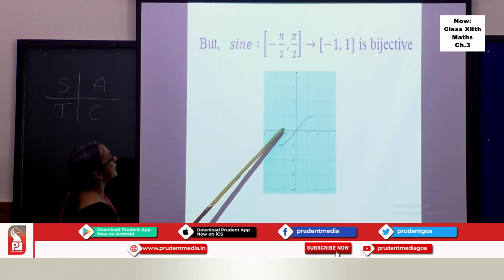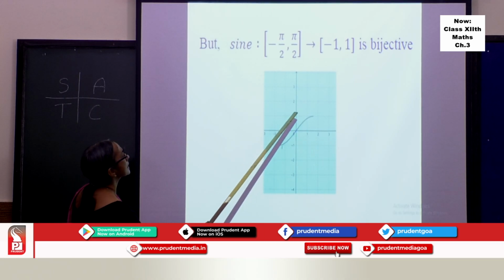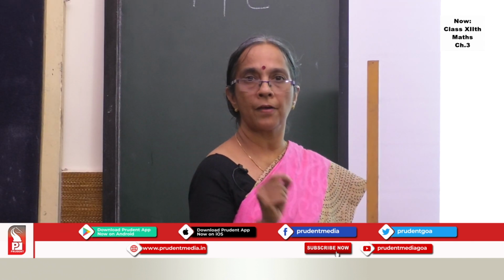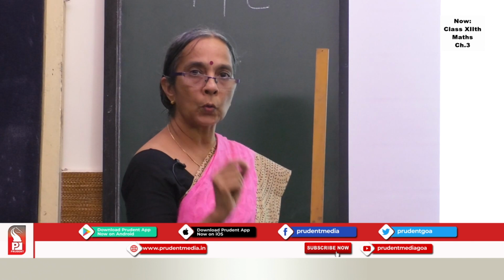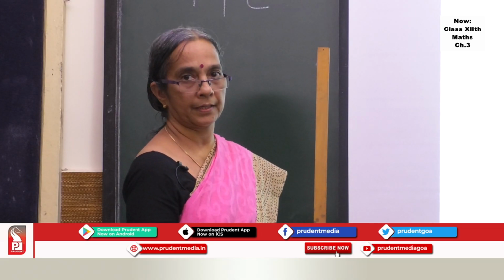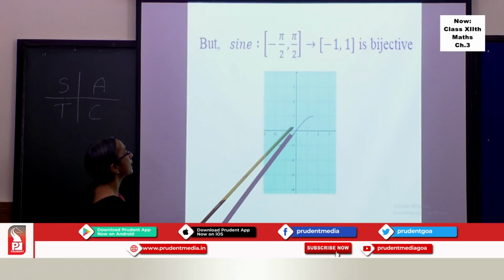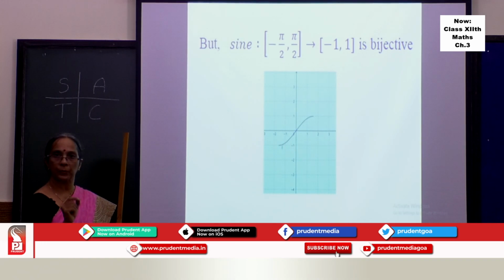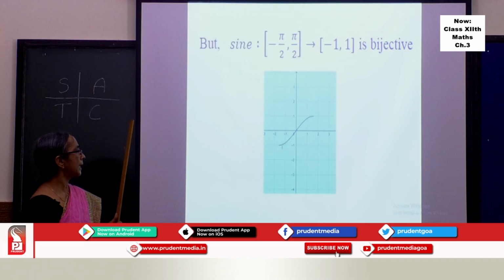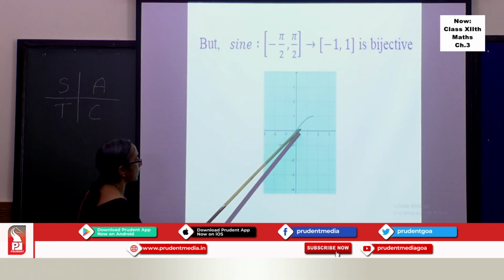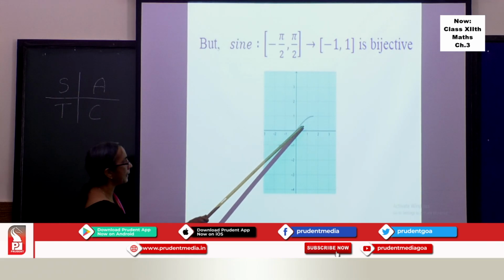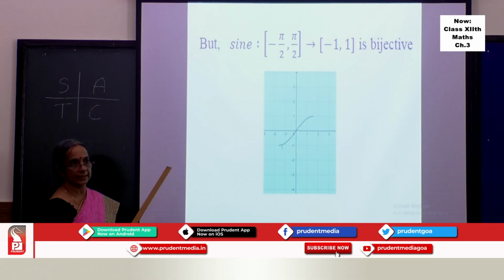Here if you draw any line parallel to the x-axis between 1 and minus 1, it intersects the graph at only one point. That means every y between minus 1 and 1 has one pre-image and only one pre-image.